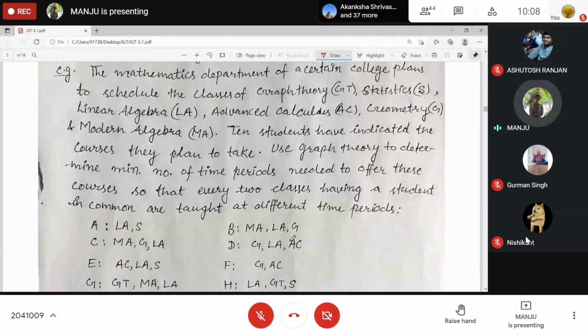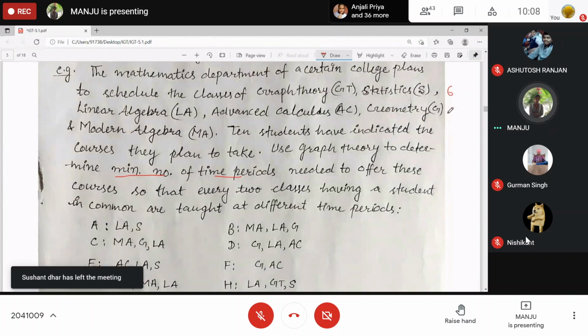Yes, here it is asked to find the minimum number of timetable slots, that is time periods, such that we can offer these 6 courses, and no student should have a clash, meaning common in those courses which are taught at the same time.